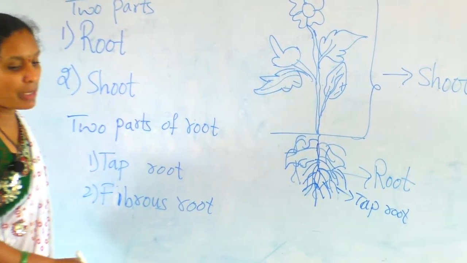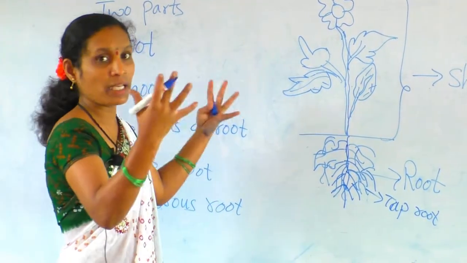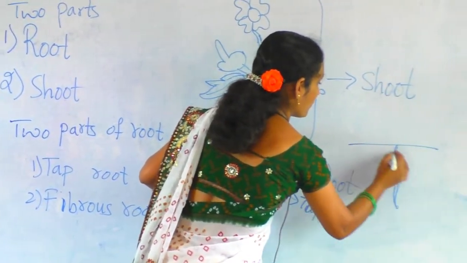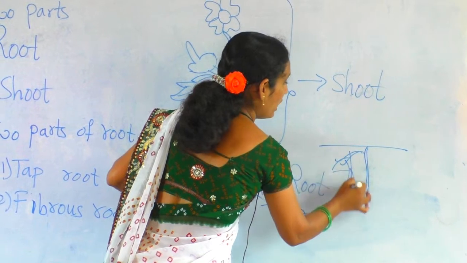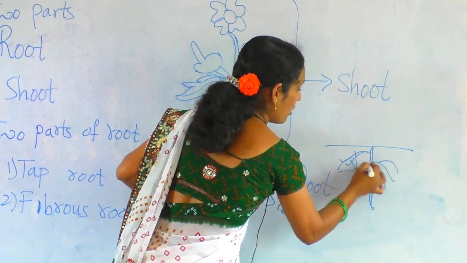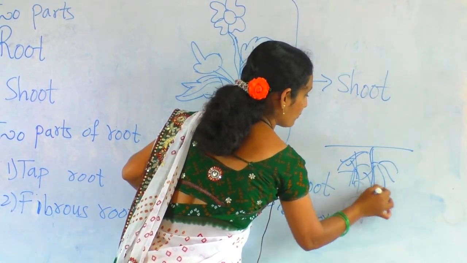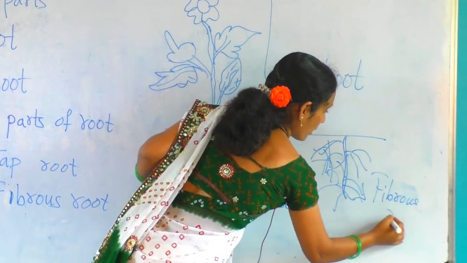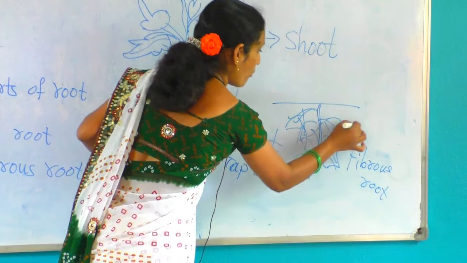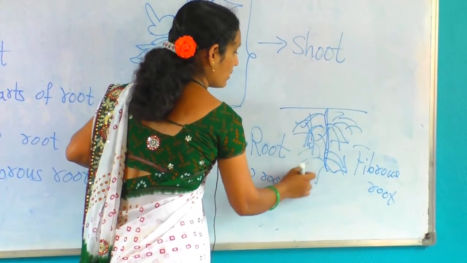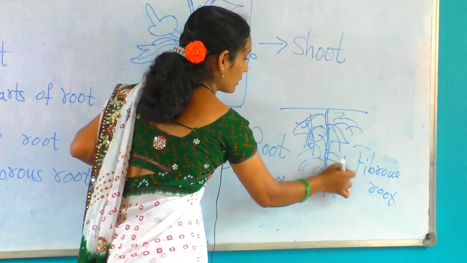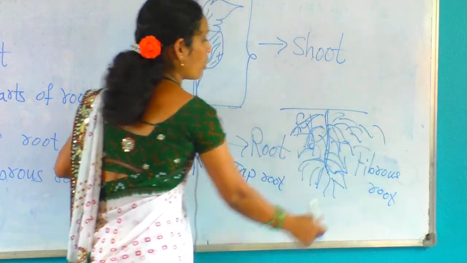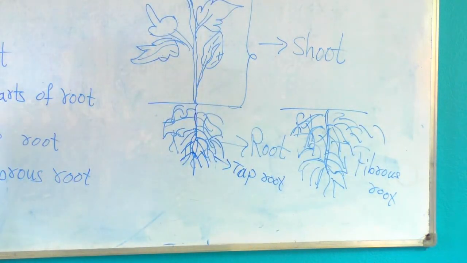Fibrous roots, the bunches of roots, means so many bunches are there in this root, like this. So many bunches of roots, that we call fibrous root.